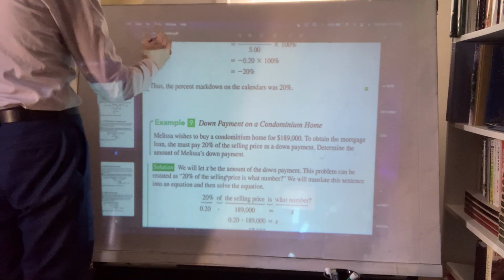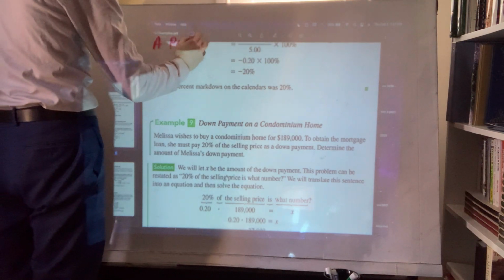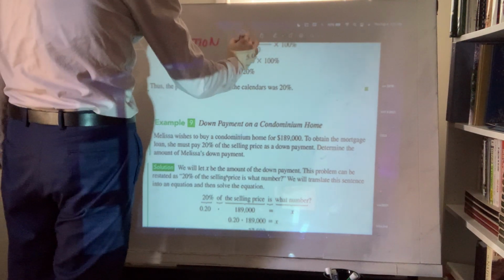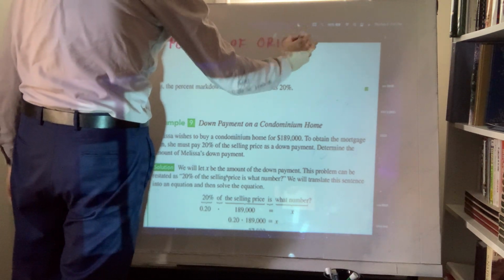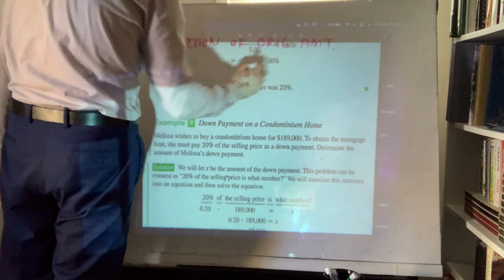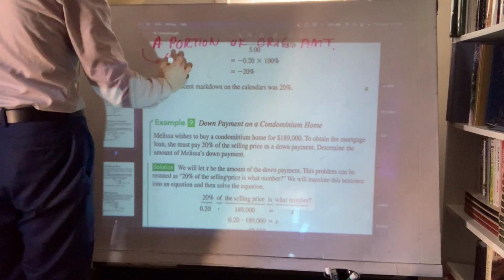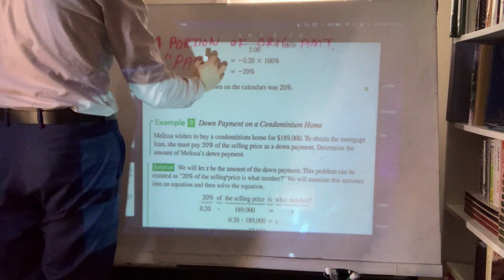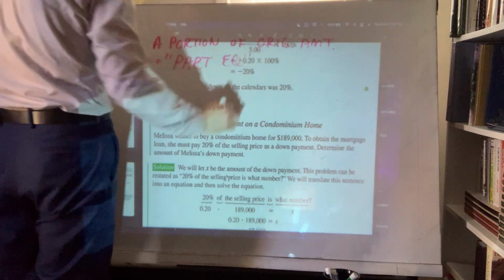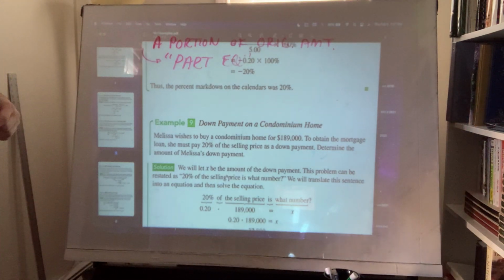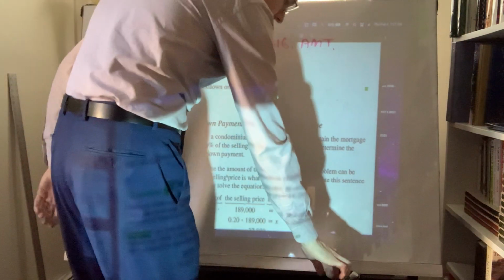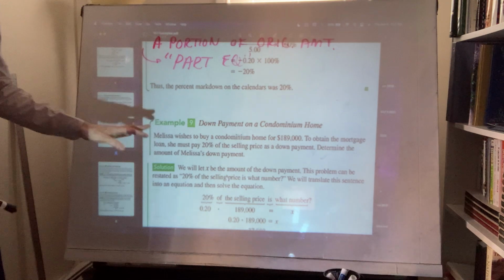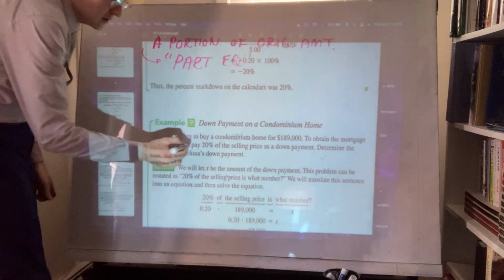So if you're looking for a portion of some original amount, then the type of equation that you're going to use is the so-called part equation. Which means maybe you could rephrase this to just its bare essentials.